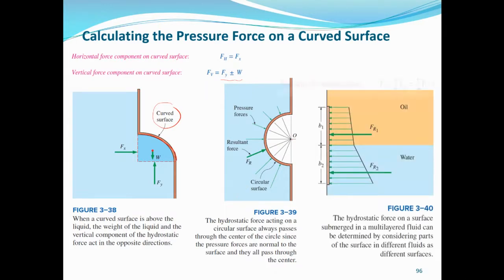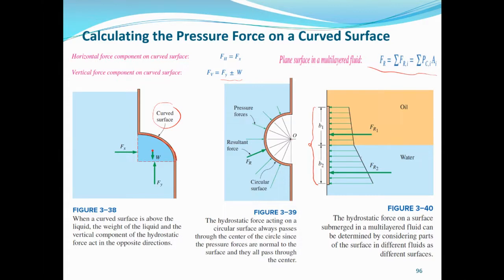Then this is a situation whereby you have a plate. This is the total length of the plate, B1 plus B2, but immersed in two different fluids, oil and water. So definitely the hydrostatic pressure distribution will be different. Hence, we need to find the resultant hydrostatic force in each fluid and then add the two up to get the overall resultant.